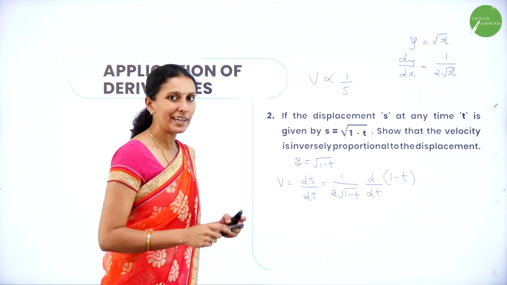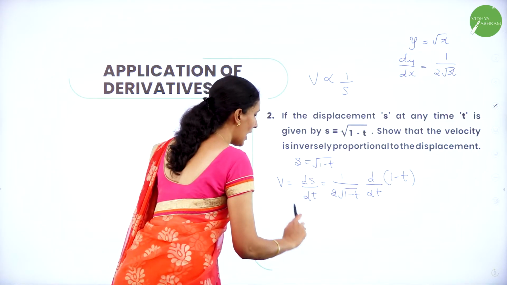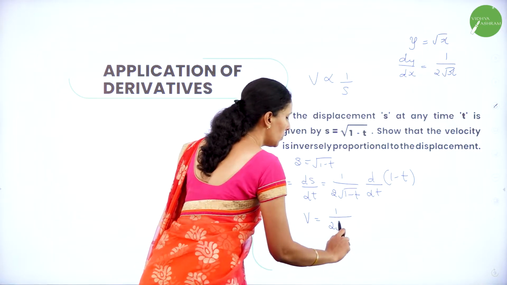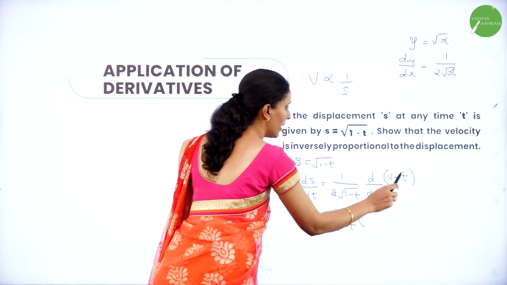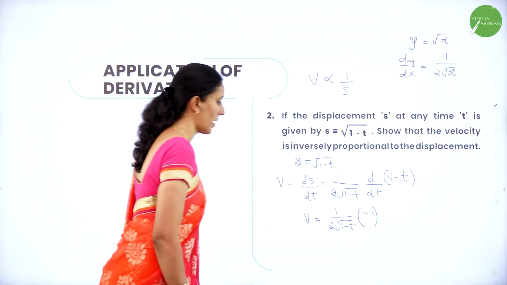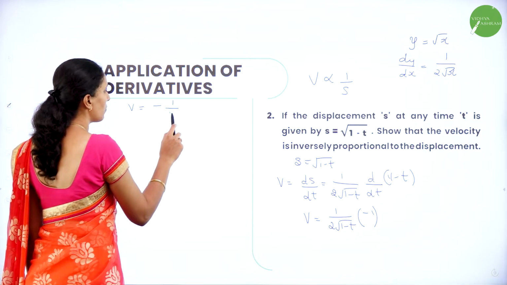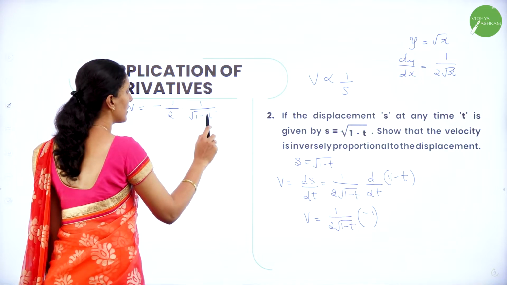It is not only t, it is 1 minus t. So using the chain rule, we differentiate it again. I'll take v here: 1 by 2 root 1 minus t. Differentiation of 1 is 0. Differentiation of t is 1. Since you have minus, it becomes minus 1. Now we have v = minus 1 by 2 into 1 by root of 1 minus t.